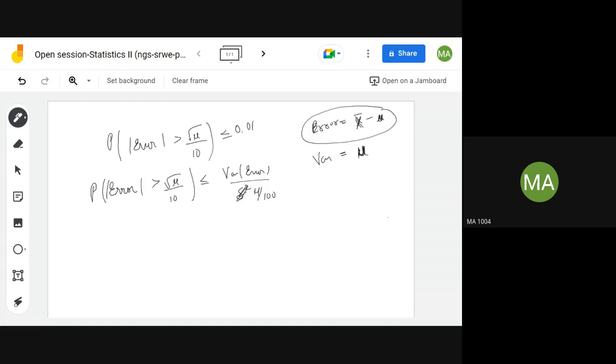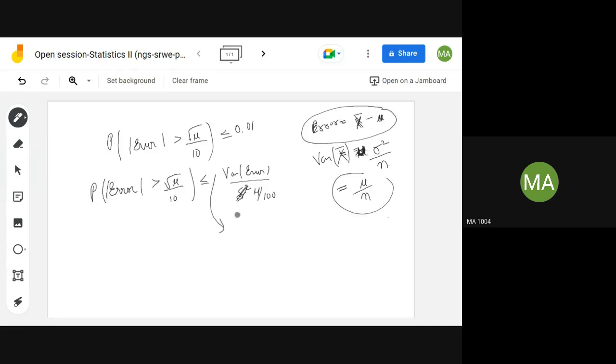Variance will be mu by n because it's a sample. So variance of x bar is sigma square by n. And what is sigma square? Sigma square is mu. So variance of x bar is mu by n.